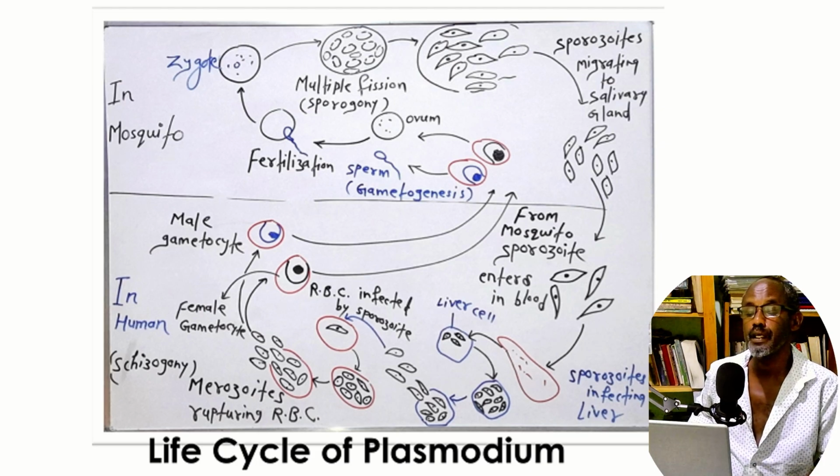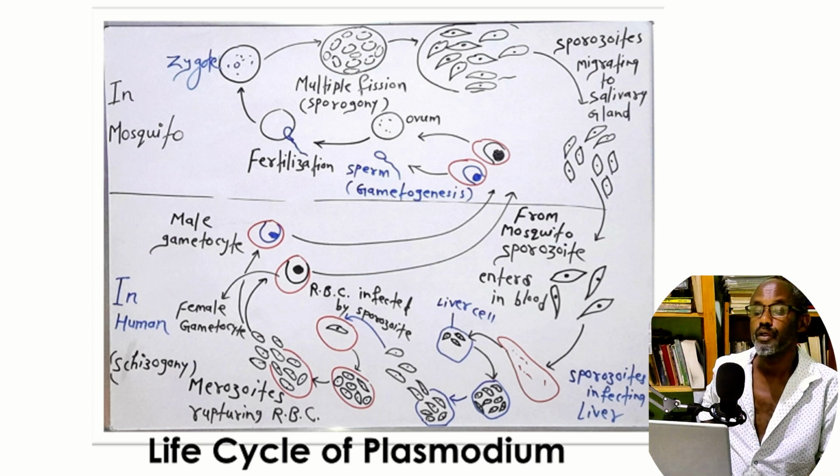This fertilized egg, which is zygote now, multiplies by a process known as fission, sexually multiplies to produce multiple sporozoites, and this multiplication process is known as sporogony.